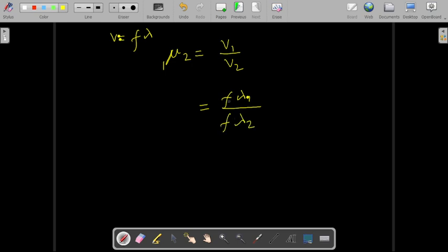Because the frequency will not change, it is a source-dependent property, we cancel out the frequency because it remains the same in both media. So after solving, in terms of wavelength, the refractive index of medium 2 is basically the wavelength in medium 1 upon the wavelength in medium 2.